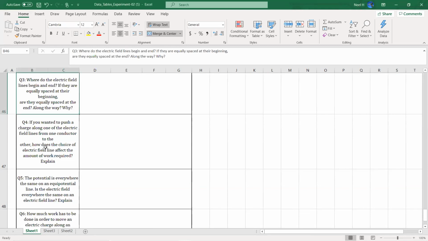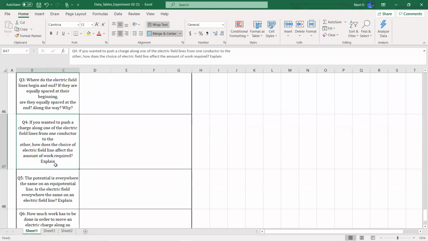Let's take a look at question 4. If you want to push a charge along one of the electric field lines from one conductor to the other, how does the choice of electric field line affect the amount of work required? That's very simple, like the work done, right?